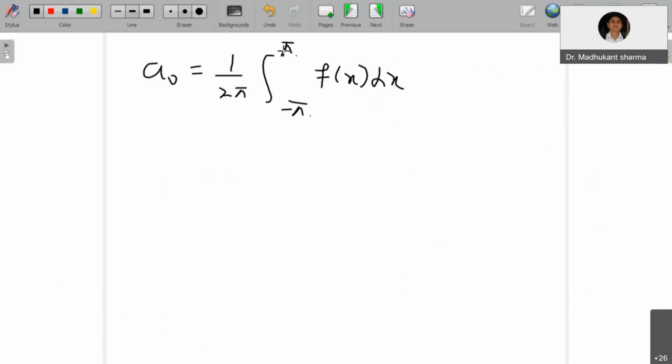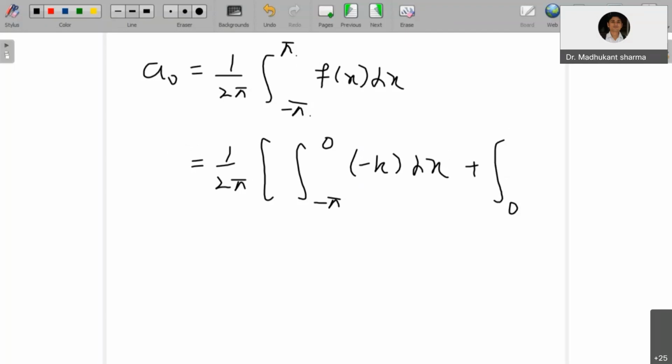So this equals 1 upon 2 pi integration from minus pi to 0 of minus k dx plus integration from 0 to pi of k dx. This is going to be minus k pi plus k pi, which is going to be 0.